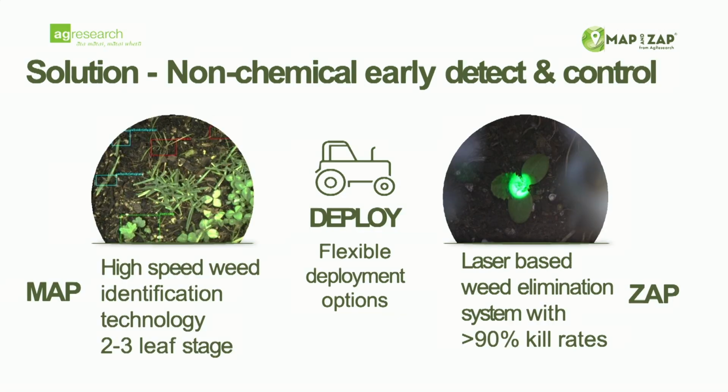So the solution that we've come up with is a high-speed, non-chemical based detection and control system that is based around a high-speed identification of weeds using a camera technology at the 2 to 3 leaf stage, and then feeding that information into a laser system which burns out the crown of the weed at that small stage.